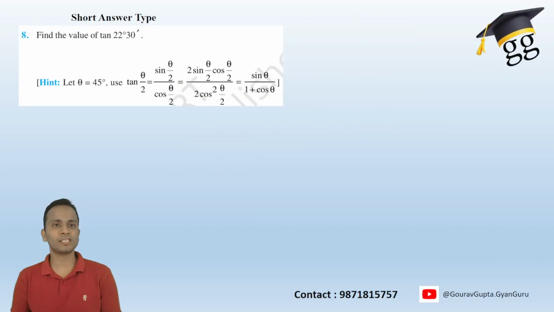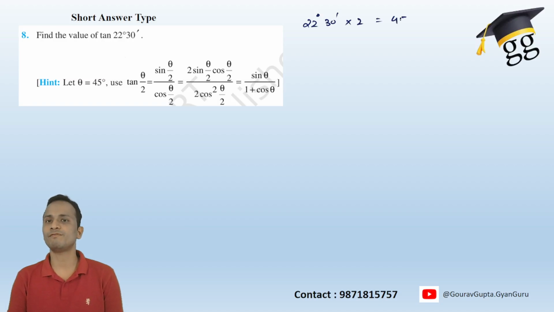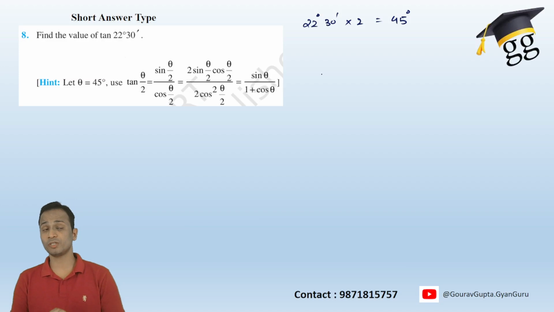Let's look at the next one, question number 8. Now they have given a hint, but I'll be using a slightly different method to get the value of tan 22 degree 30 minutes. Now 22 degree 30 minutes multiplied by 2 is 45 degrees. So this is the hint that we'll get.